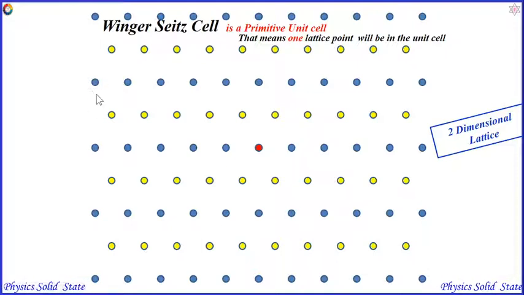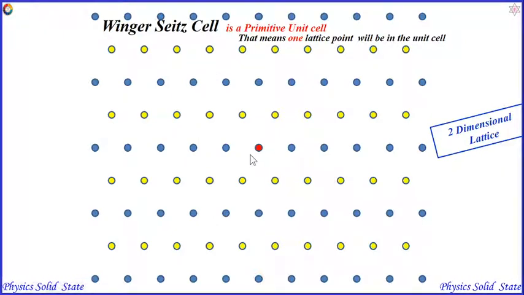So along the y-axis this gap is double, and if we consider this a rectangle, another point is also placed exactly in between this rectangle. So in this way we constructed this lattice, also a two-dimensional lattice. So to construct the Wigner-Seitz cell for this lattice, what do we have to do?